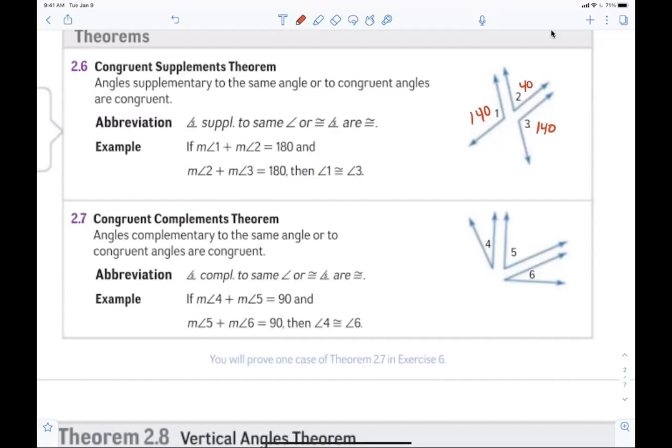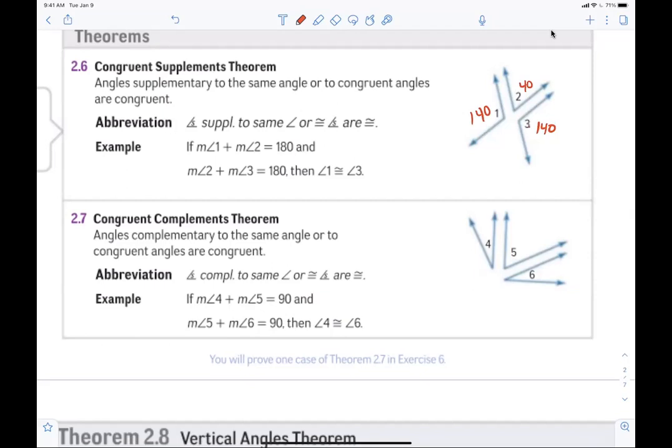So sometimes visually it's not hard to see what I'm saying. But if you say 1 and 2 are supplementary and 2 and 3 are supplementary, then 1 has to be congruent to 3. So if angles are supplementary to the same angle, or to congruent angles, then they are congruent. All right, hopefully that makes sense.